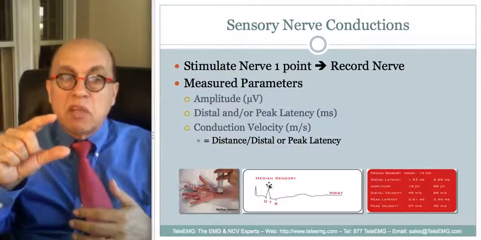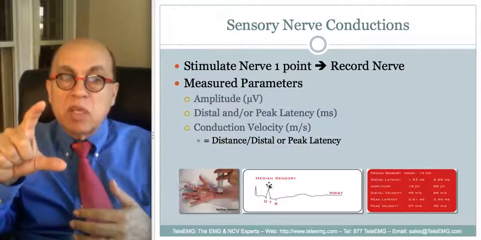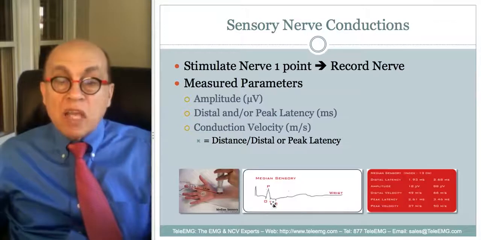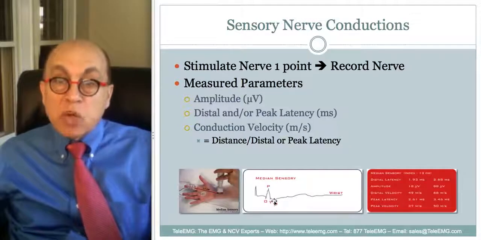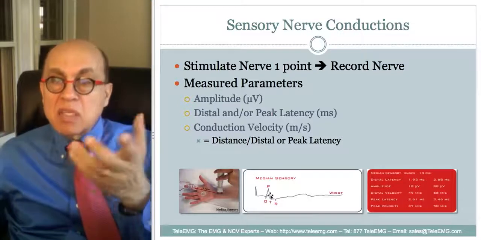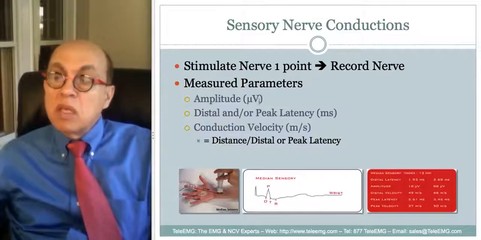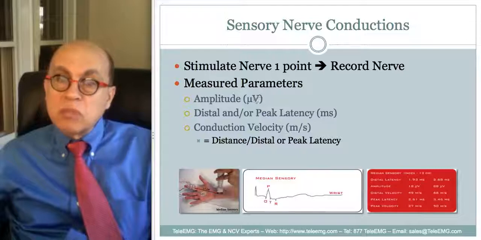If you have 10, you're going to get a bigger response. If you have 20, you're going to get a bigger response. So basically, how many wires or axons are inside that nerve is going to determine the amplitude, the size of that nerve response. So we measure the amplitude. In the sensory nerves, amplitude is fairly small. It's in microvolts.